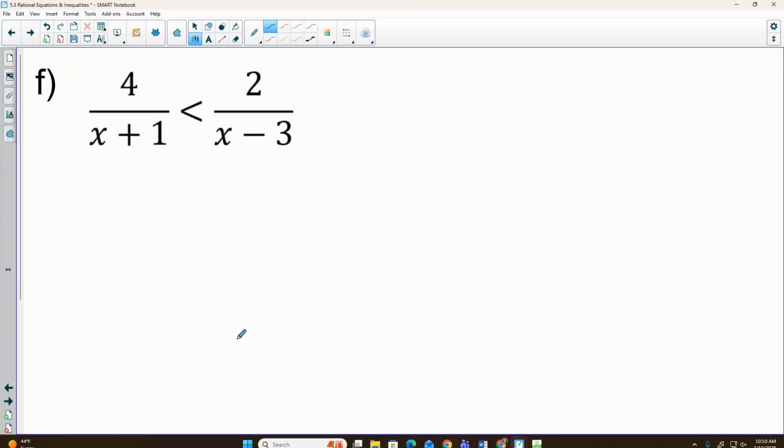Let's look at this one. We have to start by getting 0 on one side.